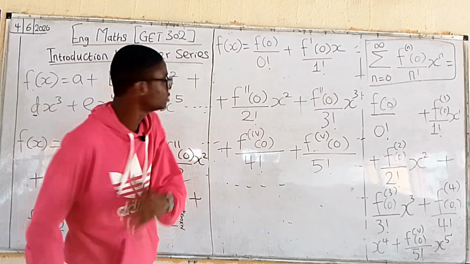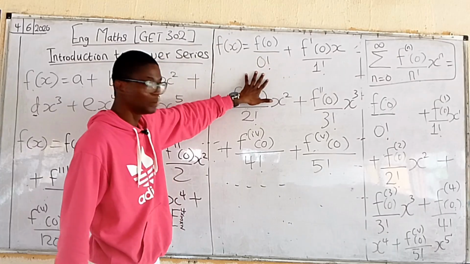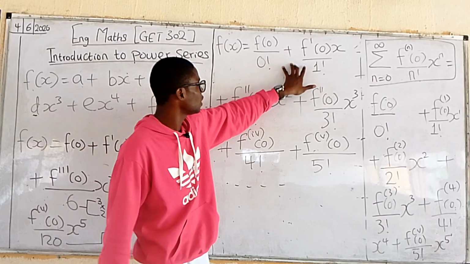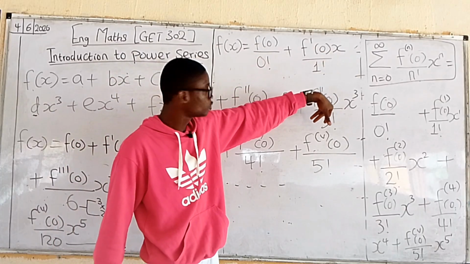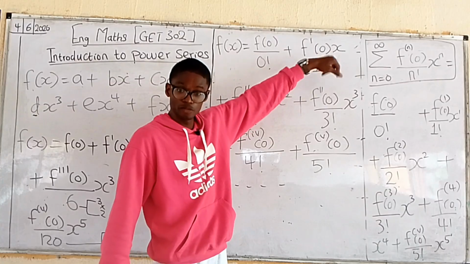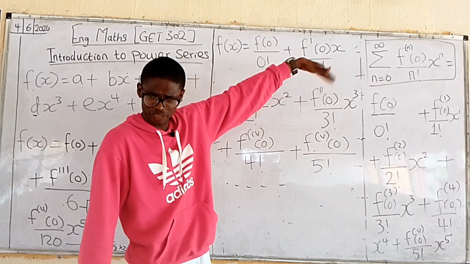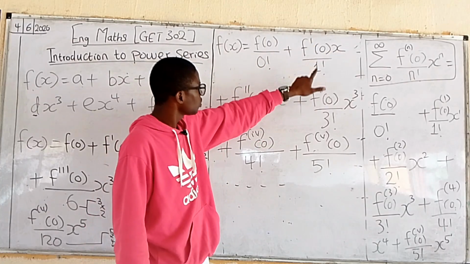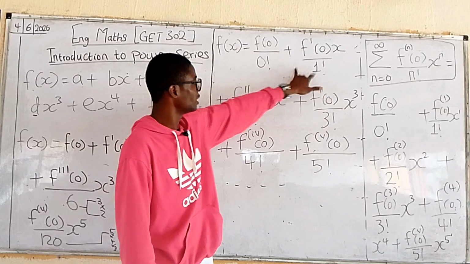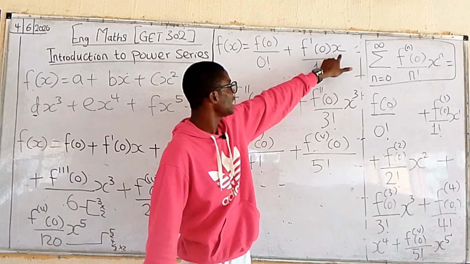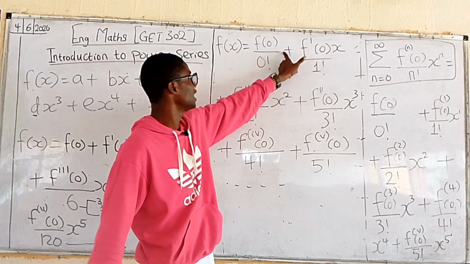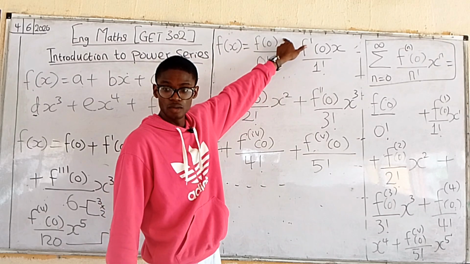So f of 0, the first will be over 0 factorial. The next one, f prime of 0, increases by one differentiation, all over 1 factorial. After 0, you enter 1. Then the x here will have power 1, while here x has power 0, which made it 1.